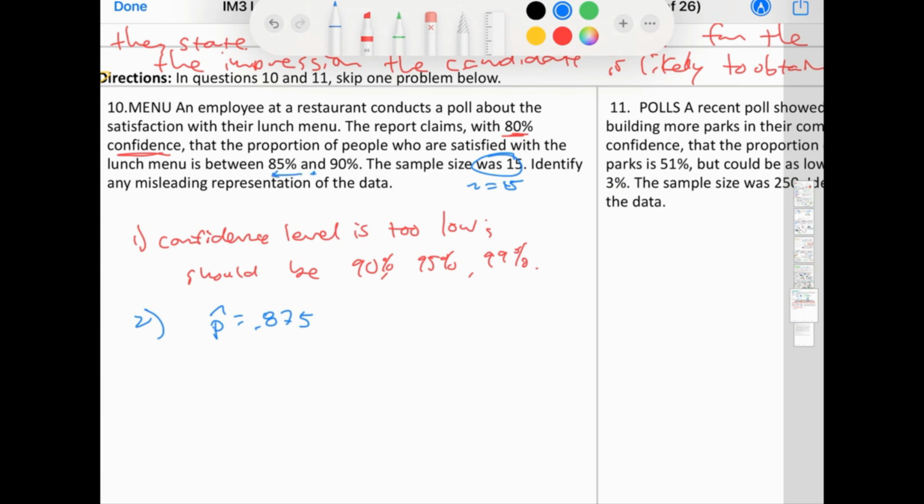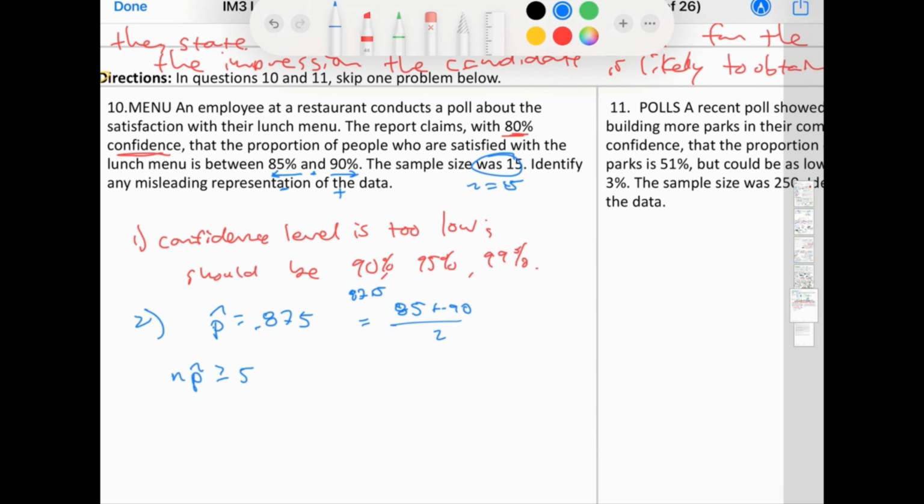Does that make sense? Because you're subtracting in that direction and adding in that direction from the point estimate, our sample proportion. So 85 plus 90 divided by 2 gives me 87.5.